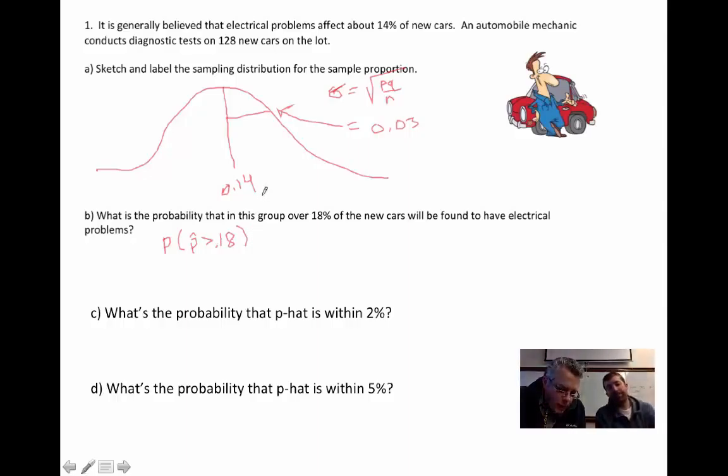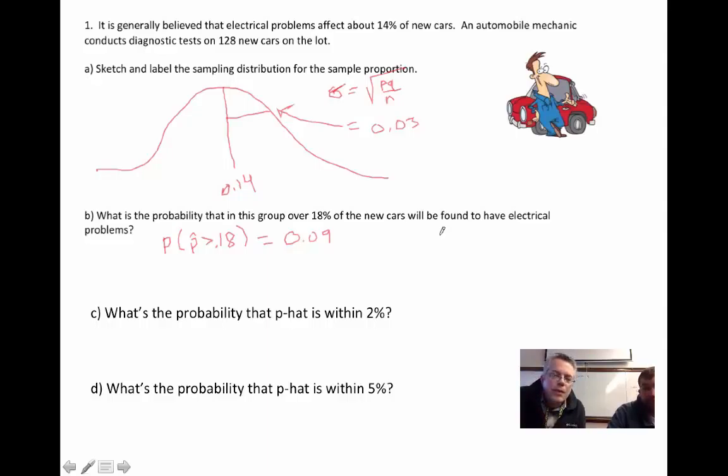Lower limit 0.18, upper limit infinity, mean 0.14, standard deviation 0.03. There's only a 9% chance. So it would be rare if 18% of the cars had the defect.